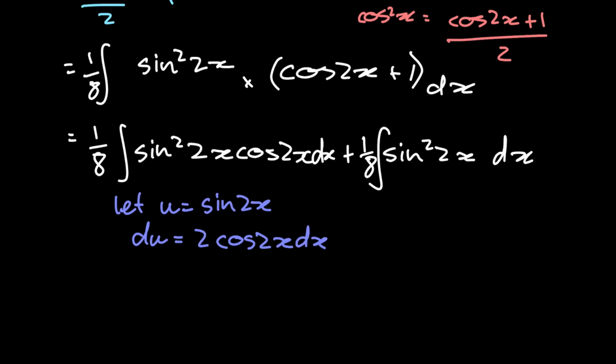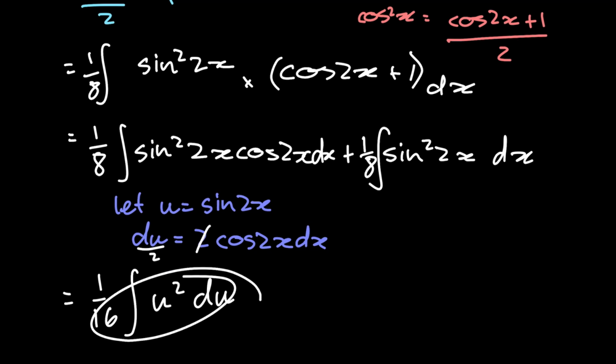Okay, so if we carry on just with this left-hand integral, we'll have 1 over 8 into the integral of, now for sine squared of 2x, we're substituting in u squared, so we have u squared, and then for cosine of 2x dx, we will substitute in du over 2. Okay, but now I said we can take out this constant, so we get 1 over 16 into this integral.